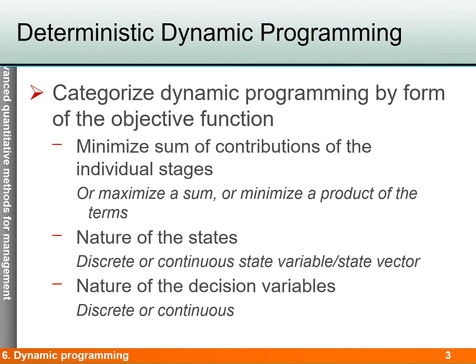In particular, states Sn must be representable by a discrete variable, a continuous variable, or a state vector. Or it can be categorized by the nature of the decision variables, that they are discrete or continuous. Whatever they are, the decision variables always have the same form, x1, x2 up to xn. We should make a decision for the different states of our problem.